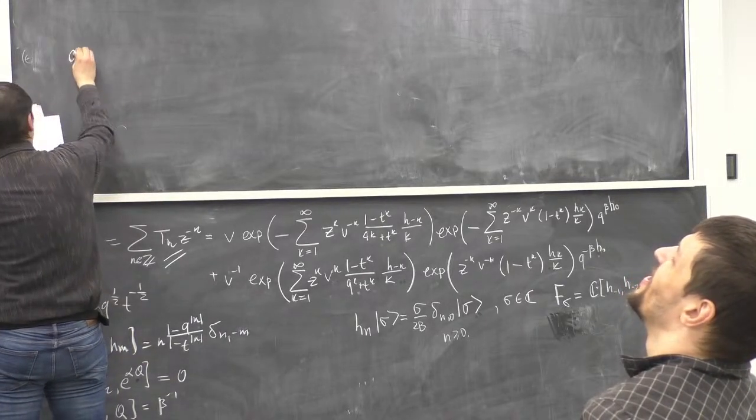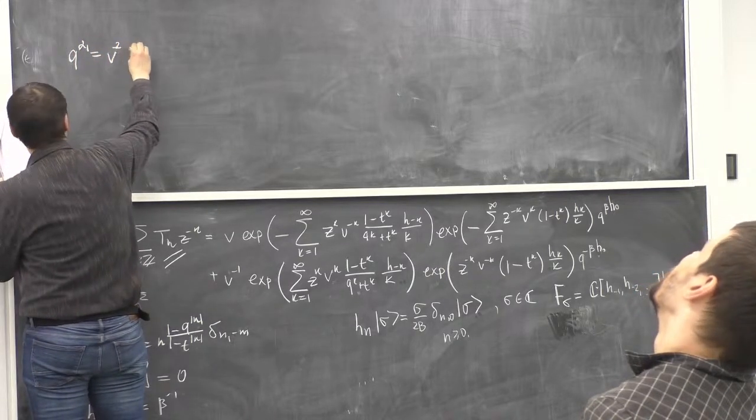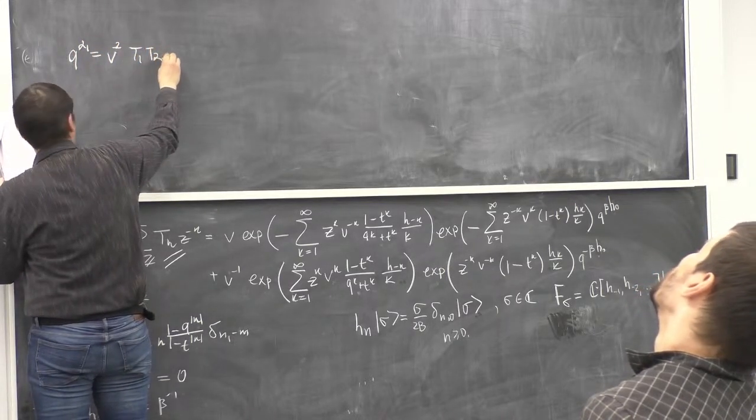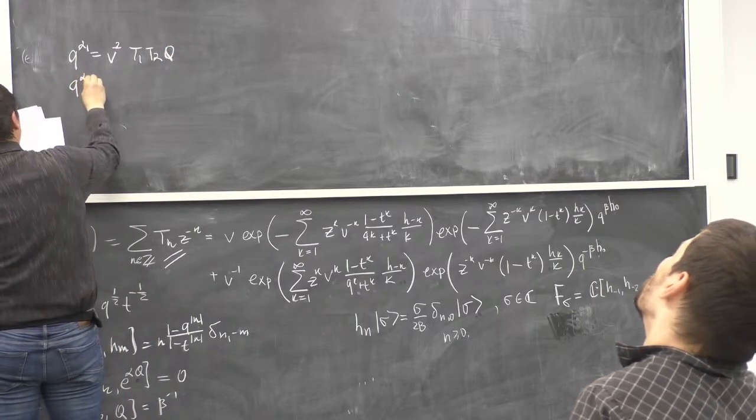Denoting q to the alpha 1 as v to the negative 2 t1 t2 q, these are the Nekrasov parameters for this particular conformal block.